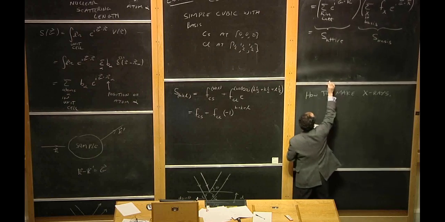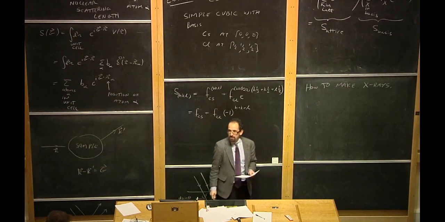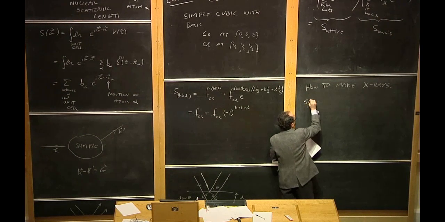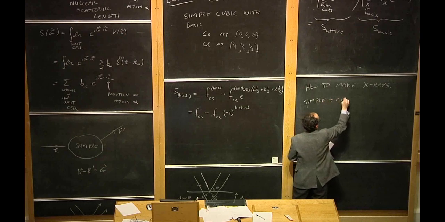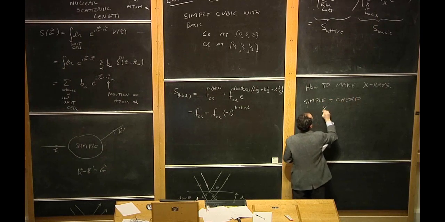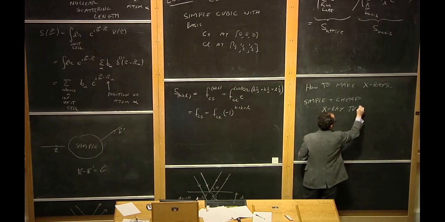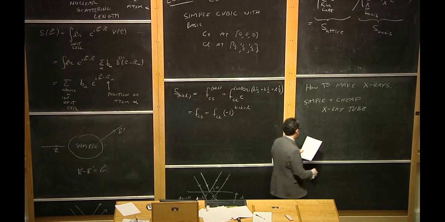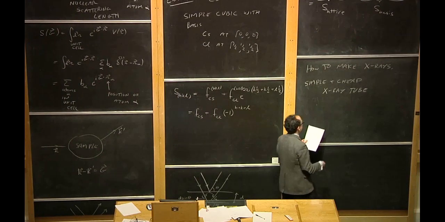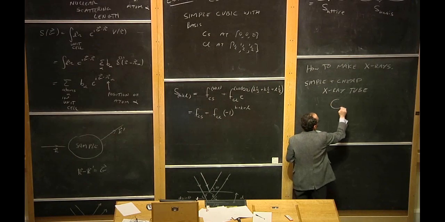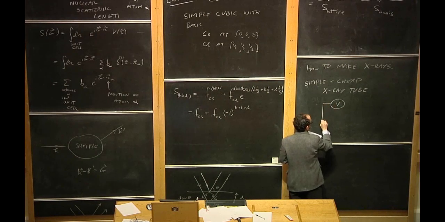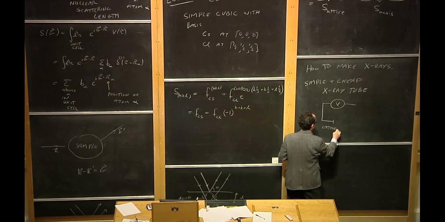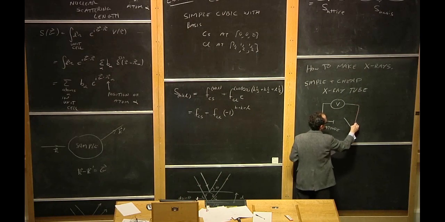So there's two ways to make X-rays, and we may only be able to get to the simplest of them today. The simple and cheap way is to use an X-ray tube. This is a method discovered by Röntgen way back around 1900, 1901. The idea is you take a great big voltage and put it across a cathode on this side, just a piece of metal, and a big target on this side.